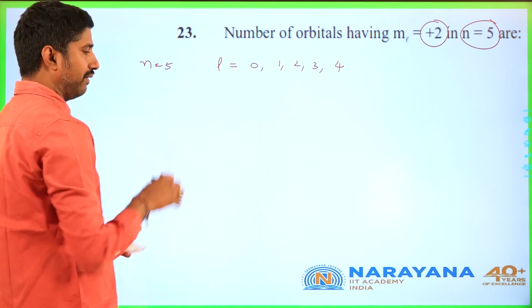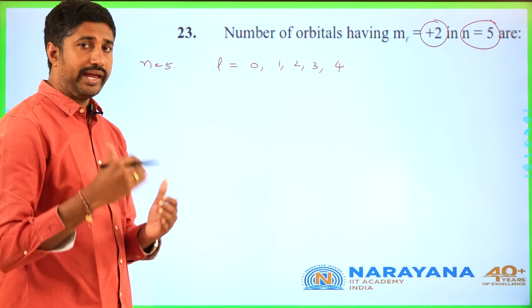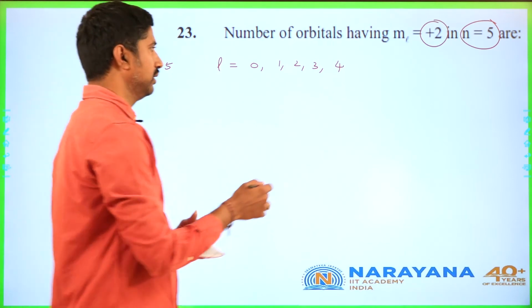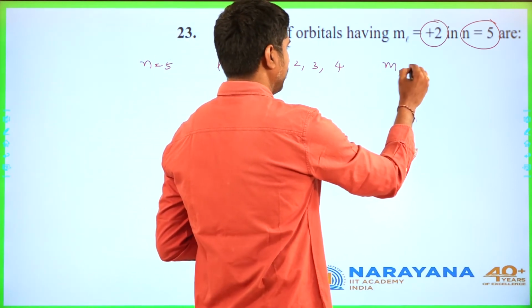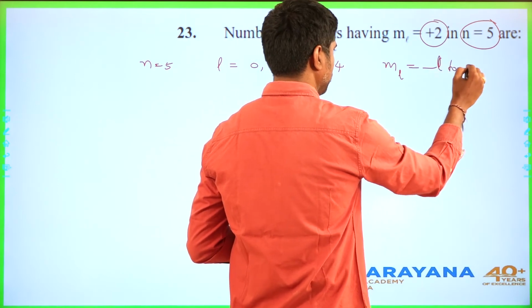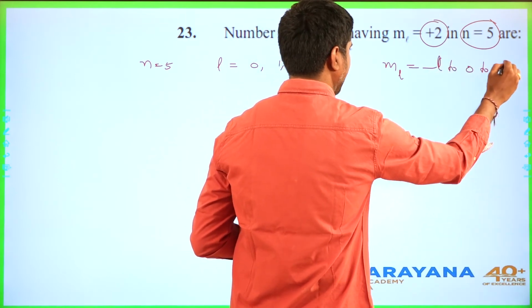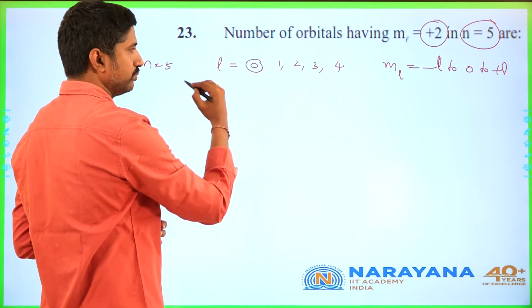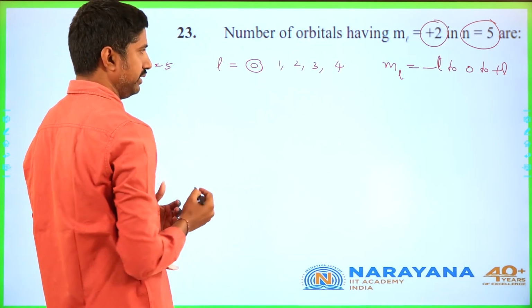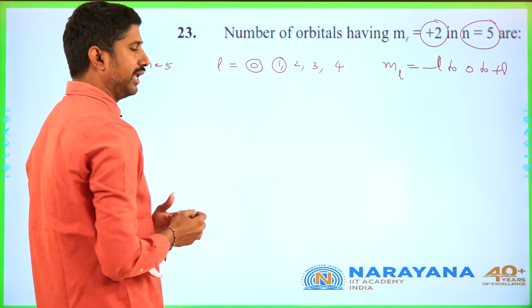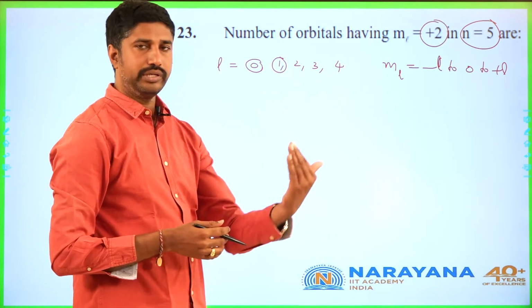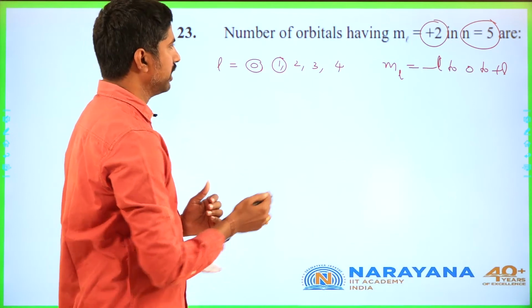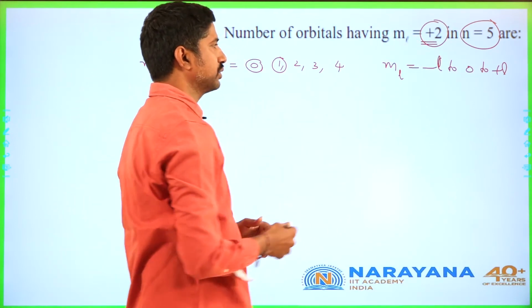And once you write the l values, ml always depends on l. We know that ml has values from minus l to 0 to plus l. If l is 0, ml has only 0. If l is 1, then ml has minus 1, 0, plus 1. And the question is asking about the ml value plus 2.